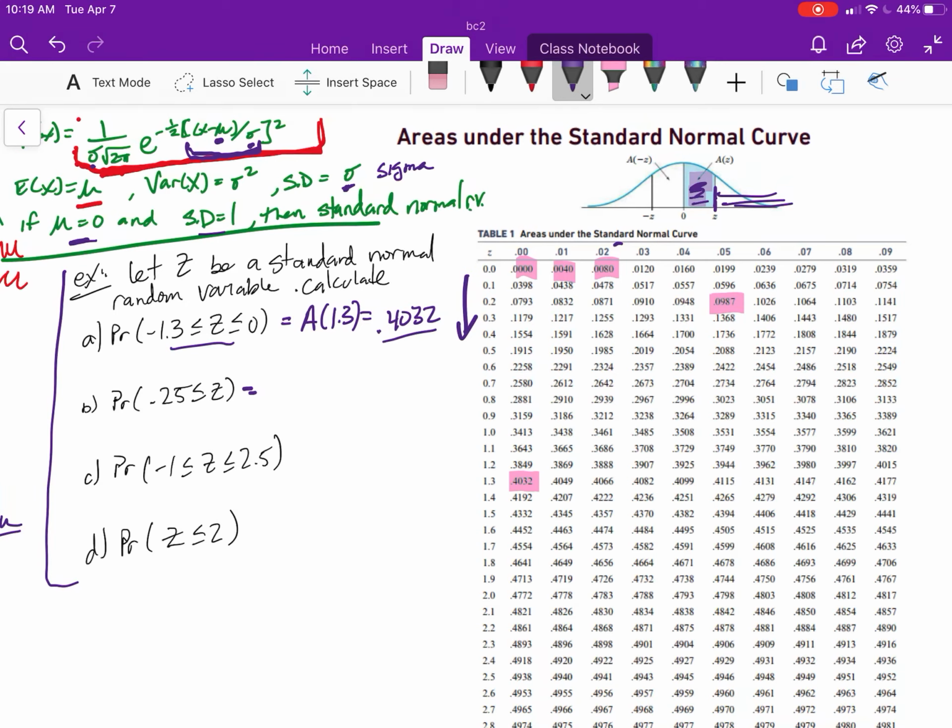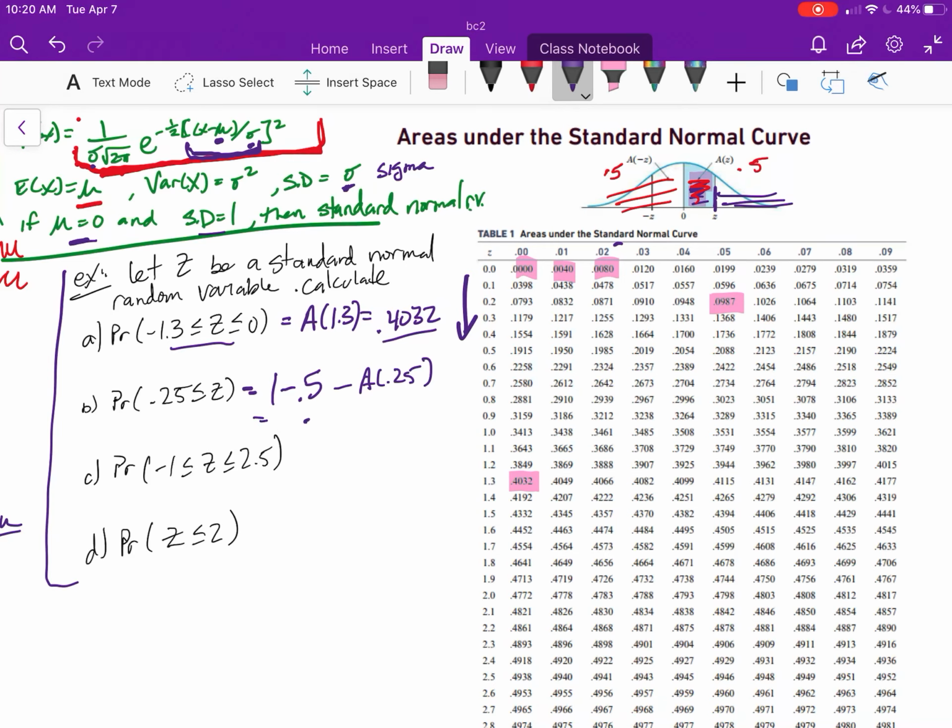First off, I know the area under the total curve is 1 because the probability of everything is 1. Now I need to take away 0.5 because I need to subtract this whole left side, right? Both sides are 0.5. So let's subtract the 0.5, and I need to take away that area of 0.25. Next, I'm going to take away this stuff, and then that would leave me with what's left.